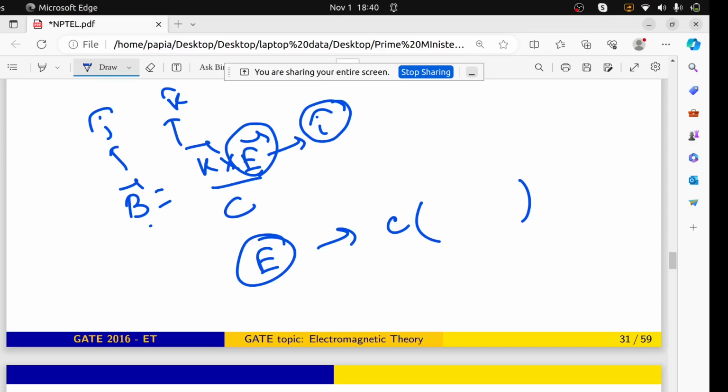Will it be J cross K or K cross J? J cross K, right? That means B cross K, J cap cross K cap.